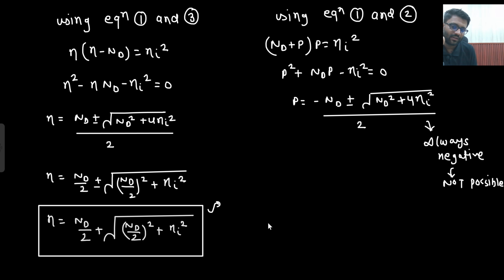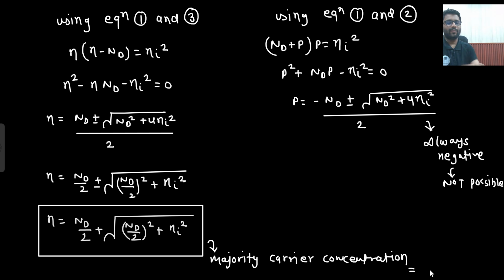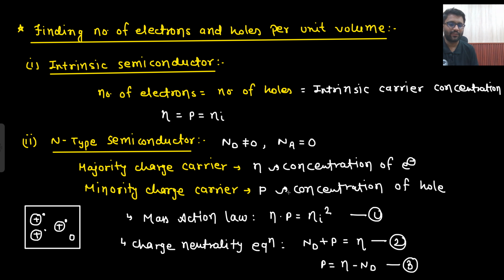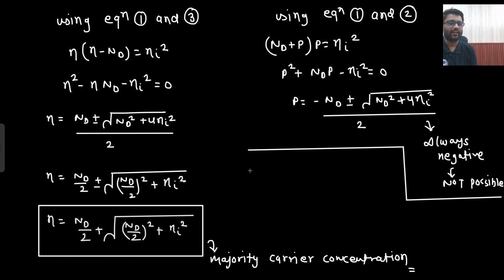So this was your majority carrier concentration. So what will be your minority carrier concentration? So you understood why we cannot use these equations to find out the minority carrier concentration.